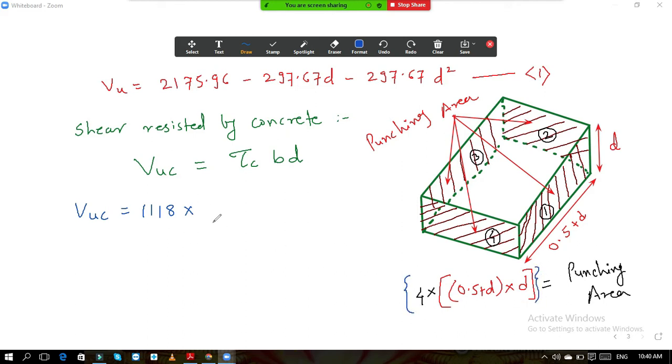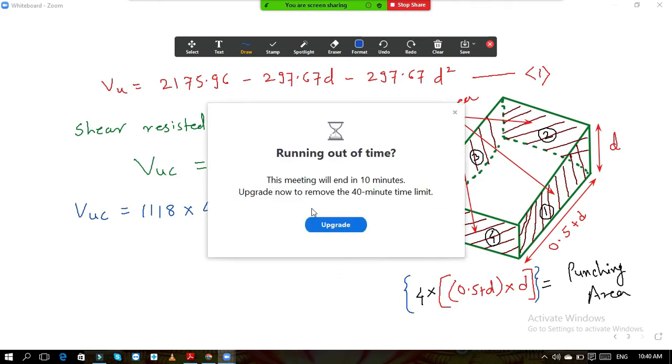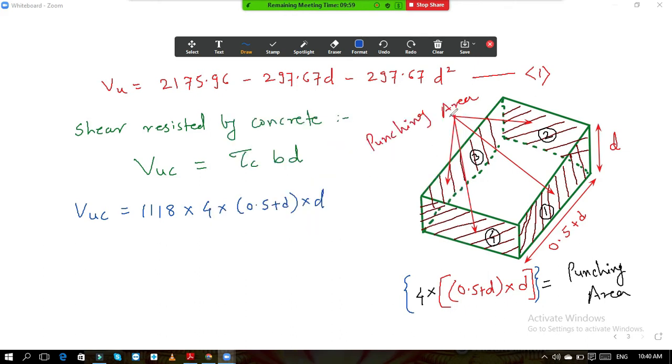This is the BD punching area. Okay, so it is 4 into 0.5 plus D into D into D. So now if you solve this equation again, what you will get? Now it is 1118 into 4. So how much is it? 1118 into 4 is 4472 multiplied by D.